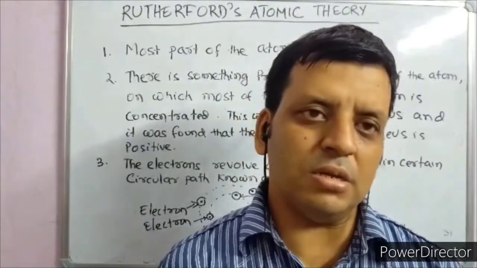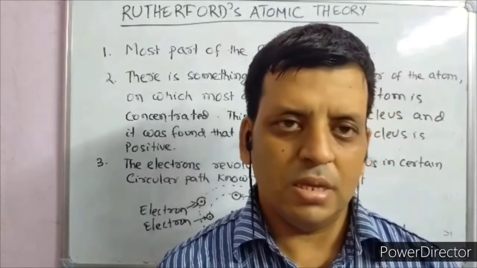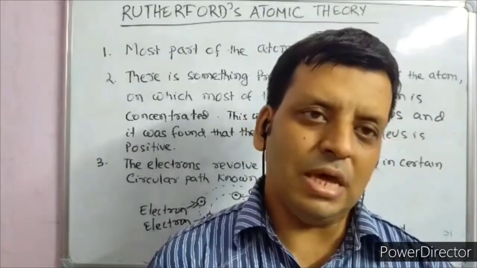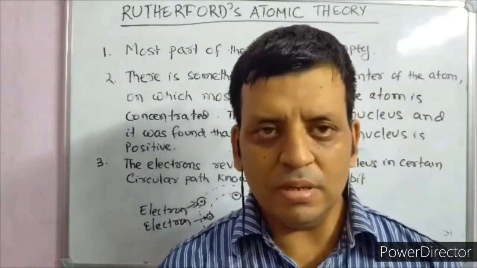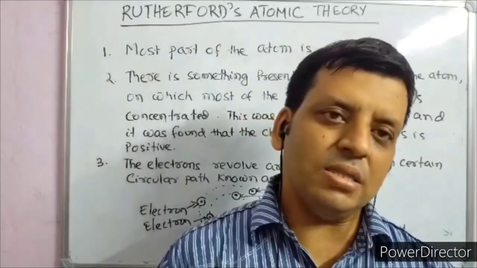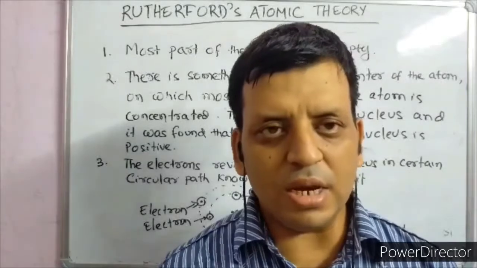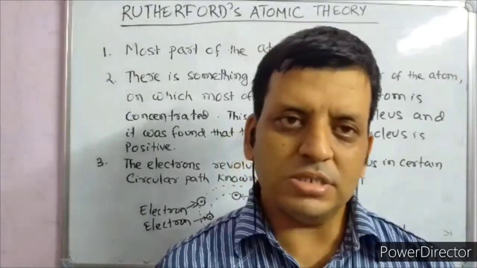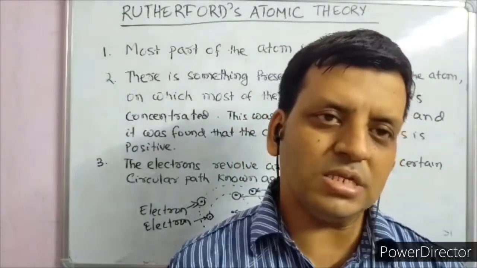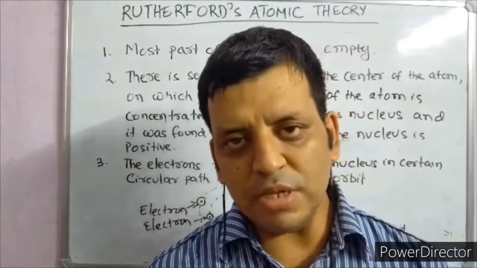Had most part of the atom not been empty, then there would have been something inside the atom, and after striking that, the alpha rays would have got diverted or deflected, but that was rarely the case. That indicates that most part of the atom is empty.